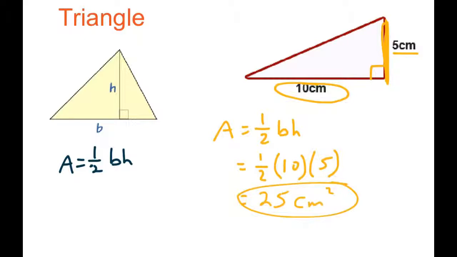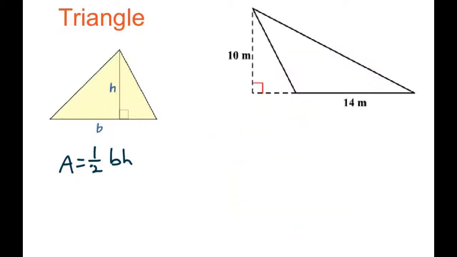Alright, so first we saw a triangle where the height was inside the triangle. Here's a triangle where the height's the leg of the triangle. And then here's one where the height is actually outside the triangle. So here's our base, and our height is out here. Okay, you have to draw that outside because you're trying to go from this side up to here, and there's no way to draw a vertical line inside the triangle and do that.